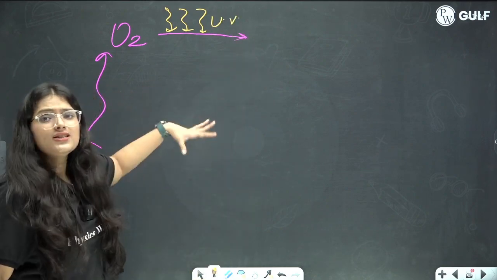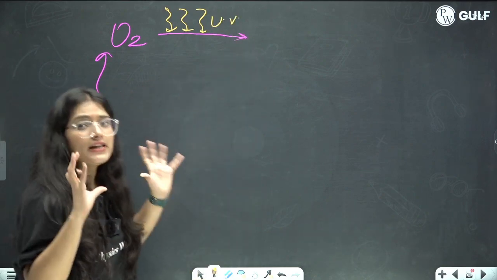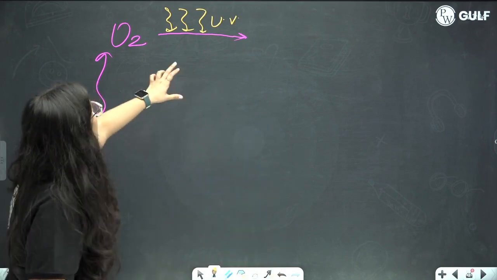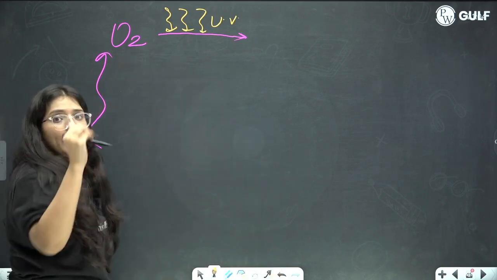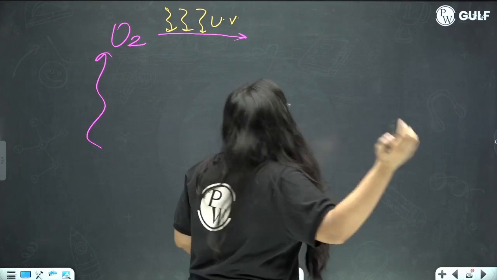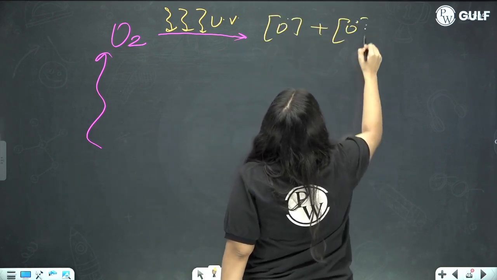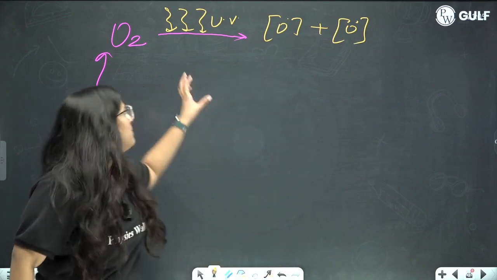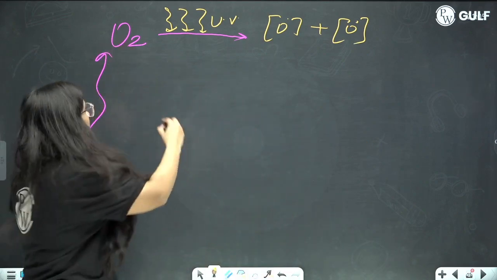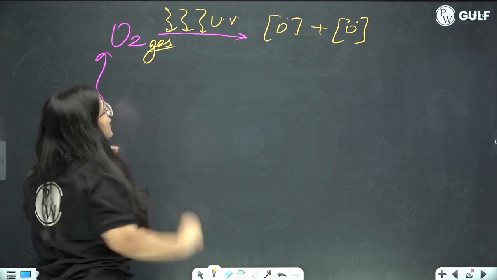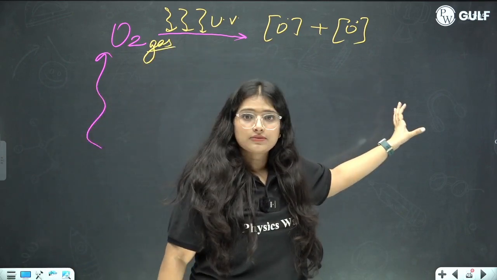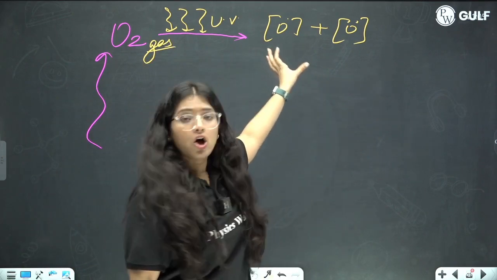So what does this UV radiation do? They are very powerful and strong, so they break the oxygen into its radicals, that means monatomic elemental oxygen. What are radicals? You don't need to worry about that. Just say that they break the O2. O2 is a gas, right? It is diatomic. That has been broken down into mono elements, into its elemental oxygen.